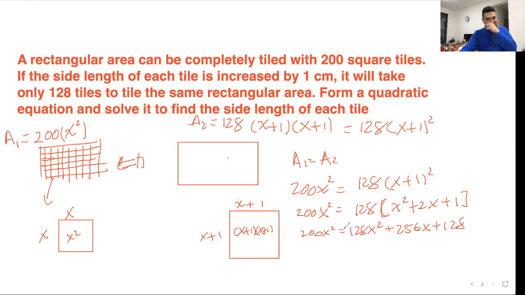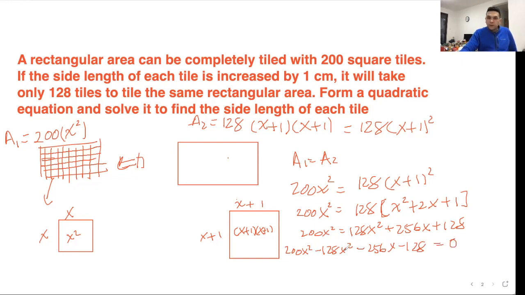And now I bring all this to one side, and I'm going to get 200x squared minus 128x squared minus 256x minus 128 equals 0.